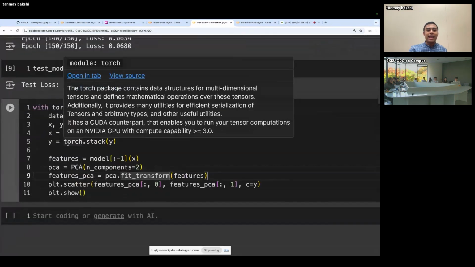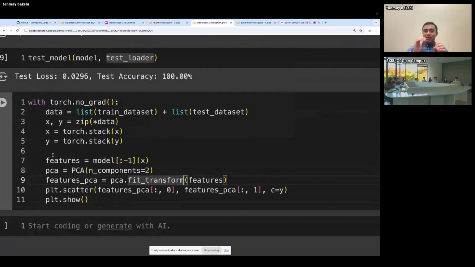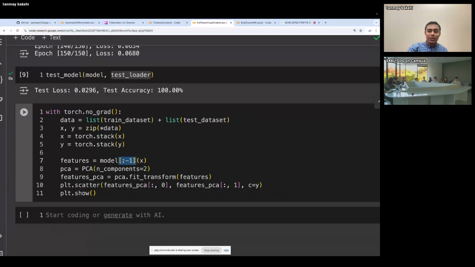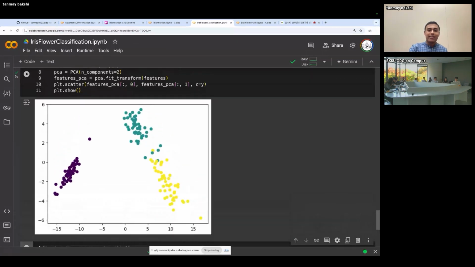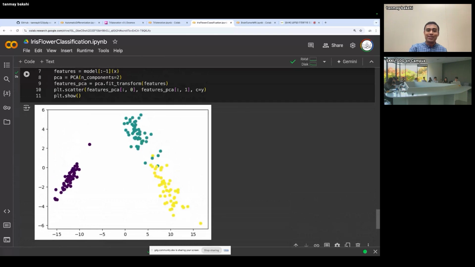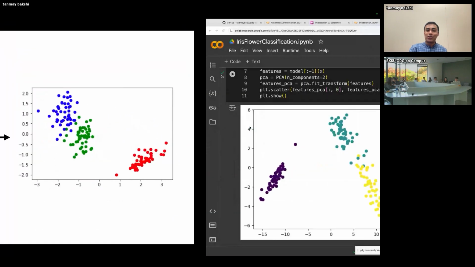If we go ahead and manipulate our model a little bit, if I remove the last layer of the model, the part of the model that actually computes the iris flower species, and if I just look at the very second last layer of the model, and if I visualize what the outputs of the model are before the final output, you'll notice that the data is almost linearly separable, similar to this visualization that I had shown you here.